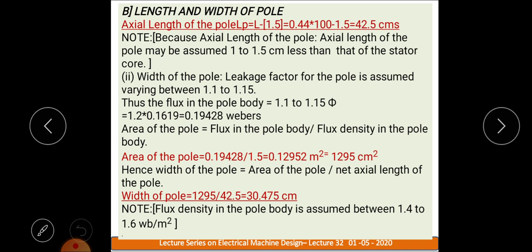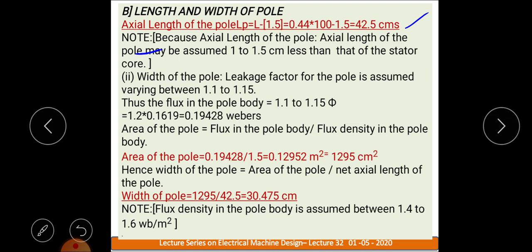So 0.44 is L, which should be multiplied by 100 to get the value in centimeter, minus 1.5. So overall we are going to get 42.5 centimeters. It is given as a note here why we are going to consider it lesser than the gross length.